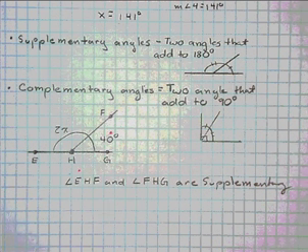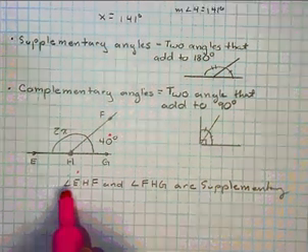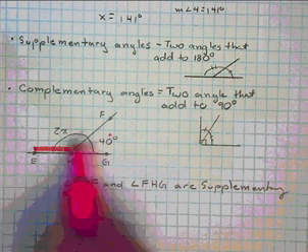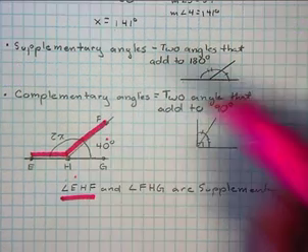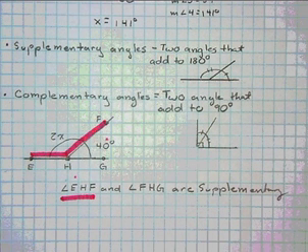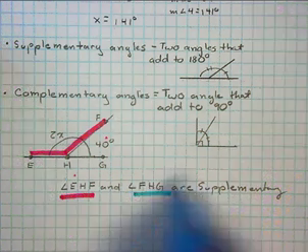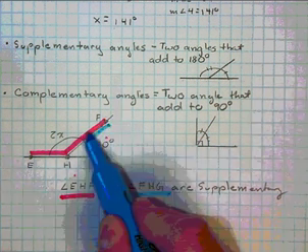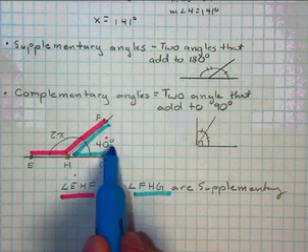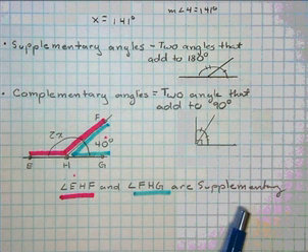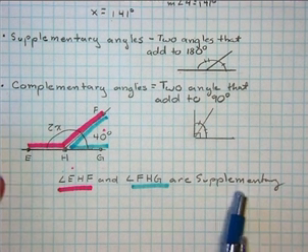So I'll color code those a little bit. Angle EHF, so E to H to F, that's that angle. And angle FHG, so F to H to G, are supplementary. Supplementary means that they add up to 180 degrees.